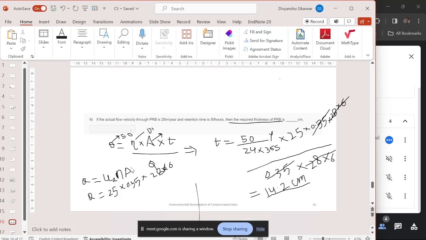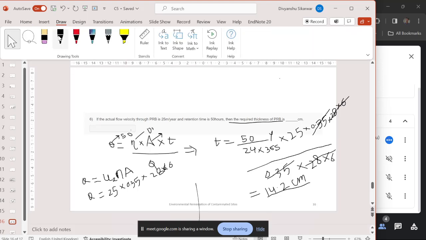This is the basic formula discussed in the class. Q is basically the hydraulic retention time.